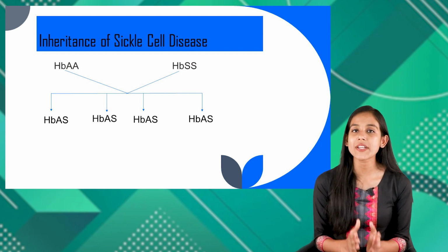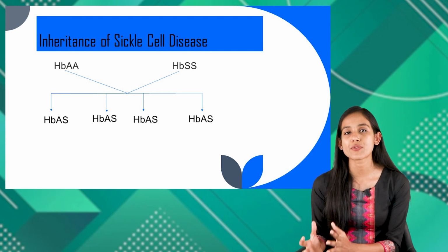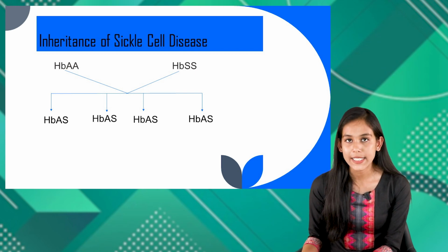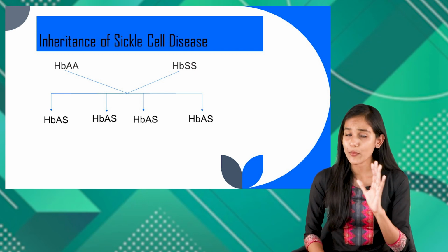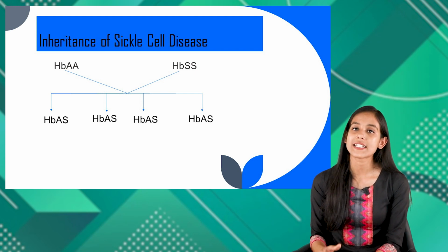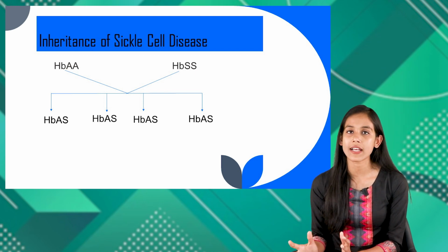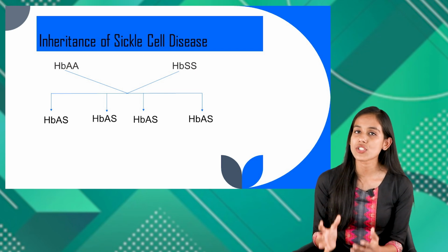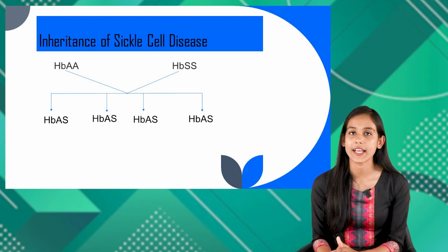So here there is a 50% chance that the child will become a carrier, and also a 50% chance that the child would be born with sickle cell anemia, because in one parent there is HBAS, and in the other parent there is HBSS, right? So here there is no chance that any child will be unaffected. So either the child will become a carrier or else the child will be born with sickle cell anemia.